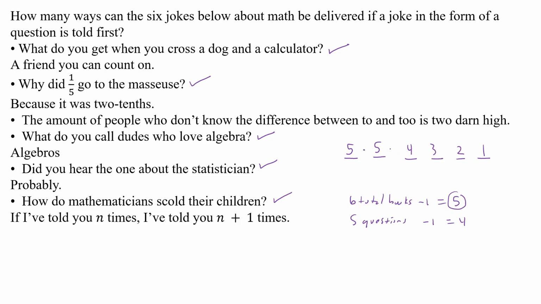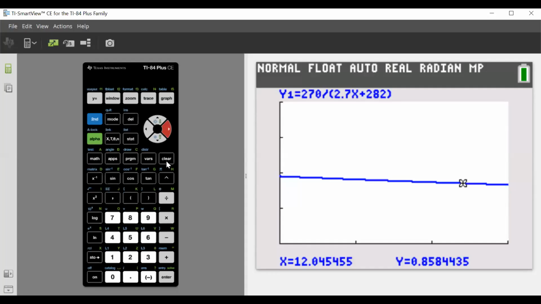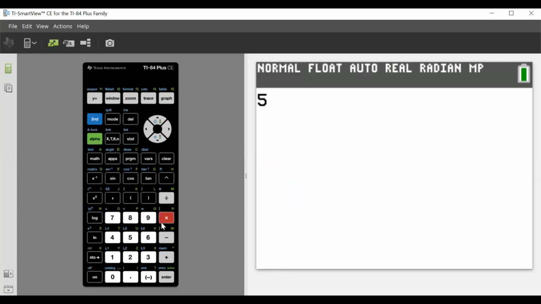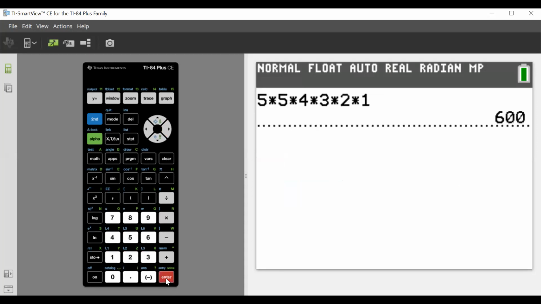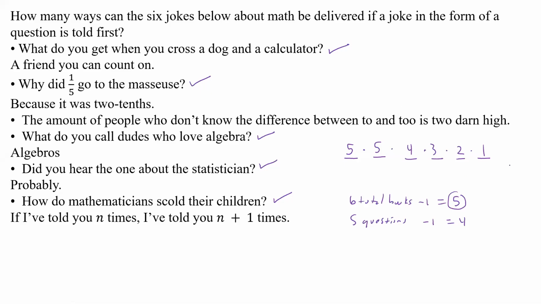So now we have 5 times 5 times 4 times 3 times 2 times 1. If we plug that into our calculator, we get 600 different ways to choose that first joke being a question, and after that it doesn't matter.